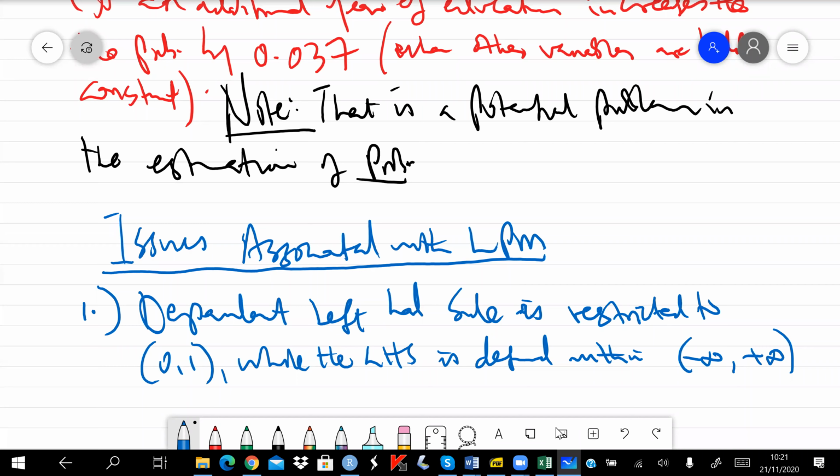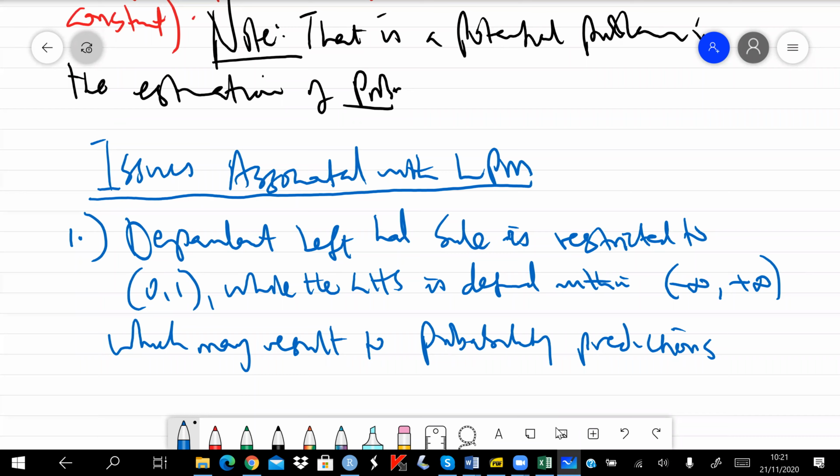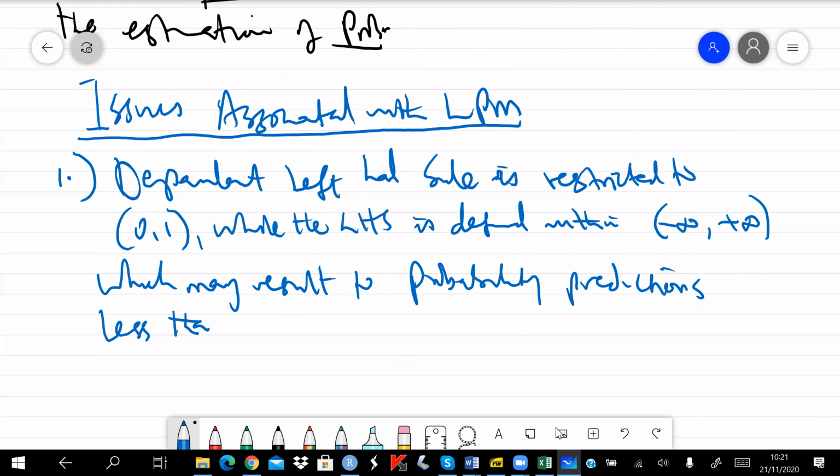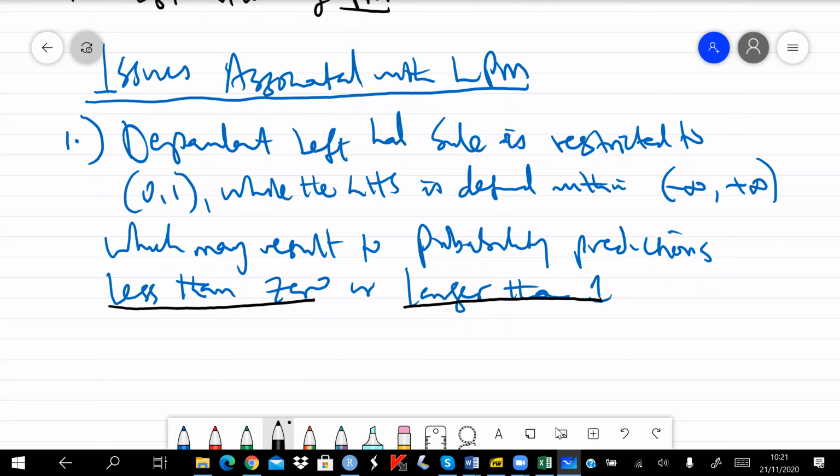Okay, which may result to probability predictions less than 0, that is negative values, or larger than 1. So that's a potential problem. We may end up predicting values of probability which are more than 1 or less than 0, that is negative values. And we know that probabilities are always numbers between 0 and 1.